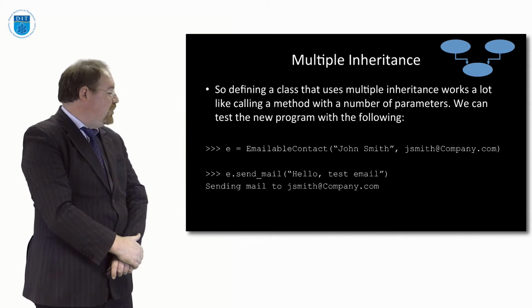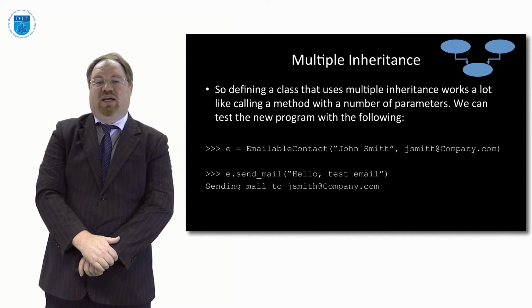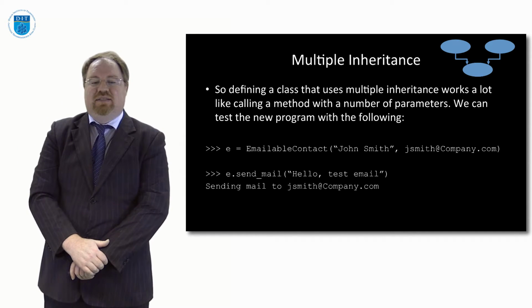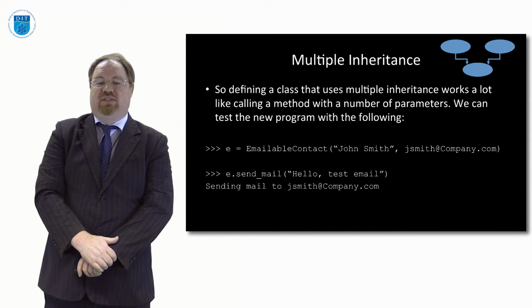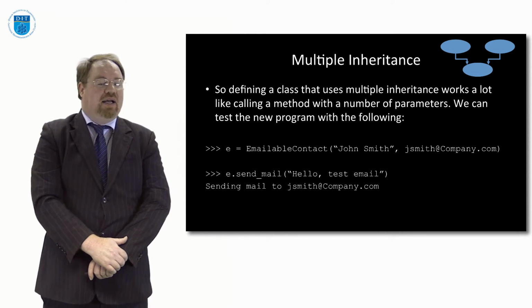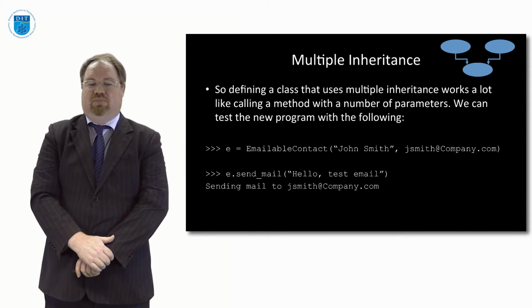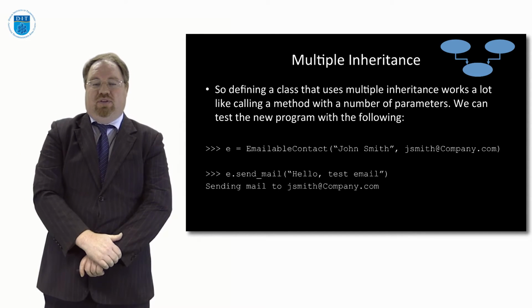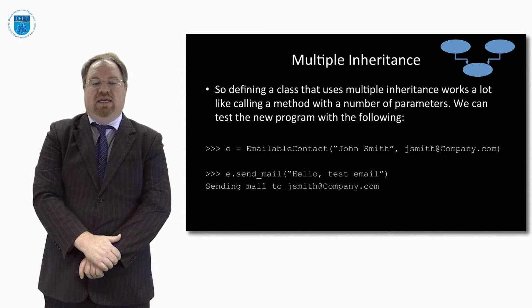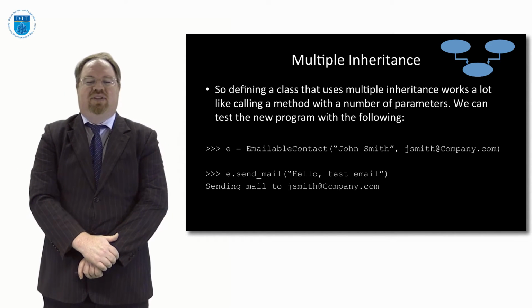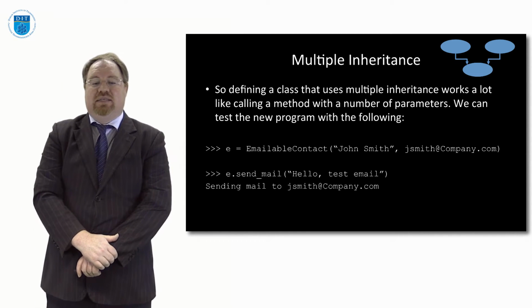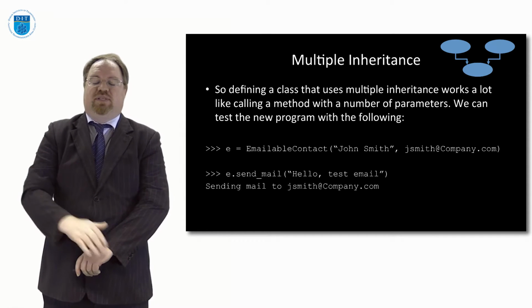If we want to test our EmailableContact class, let's instantiate an object called e, equal to EmailableContact, and we'll put in a name, John Smith, and an email address. And then if I call e.send_mail, which is the only method in our EmailableContact class, with the message hello test mail, it'll say sending a mail to John Smith's email address.